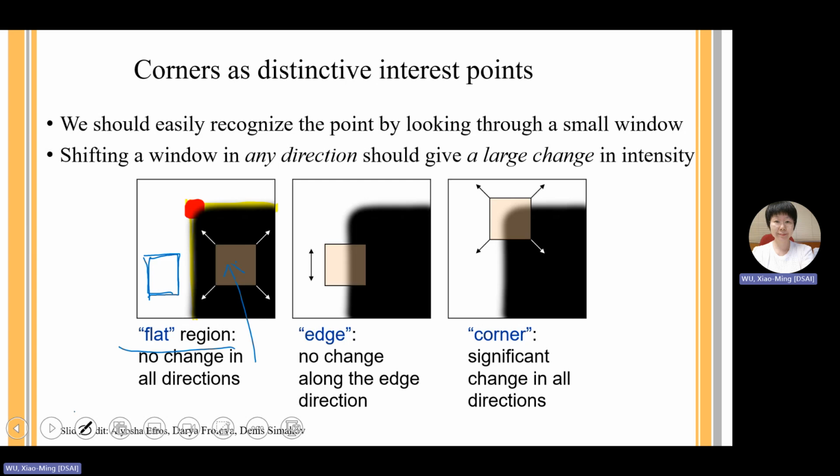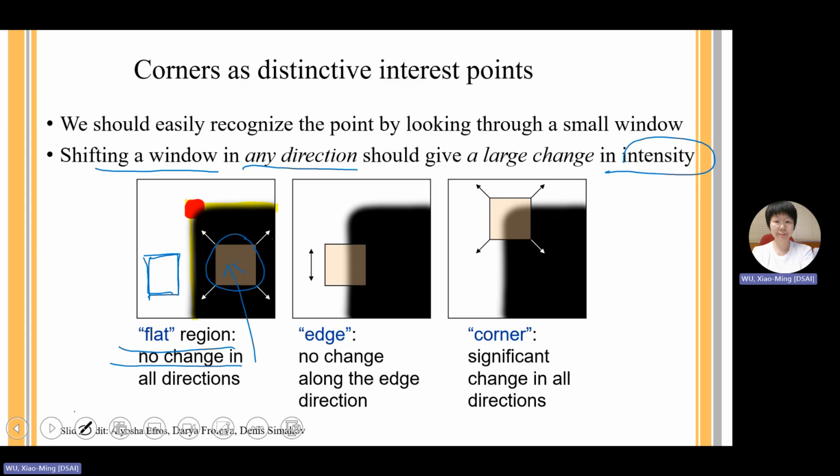By flat region, we mean if we shift a small window in any direction within the flat region, there will be no change in image content or image intensity.